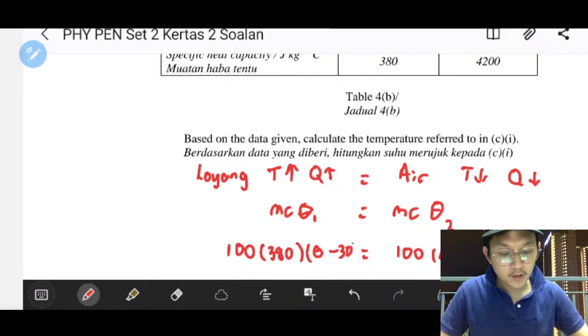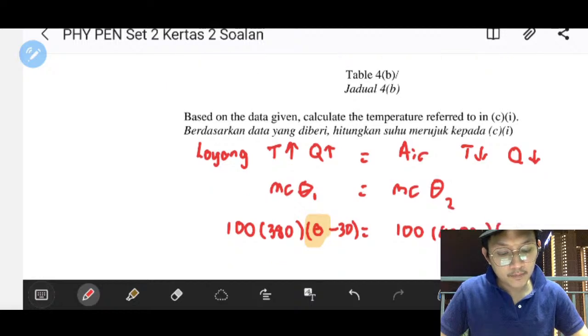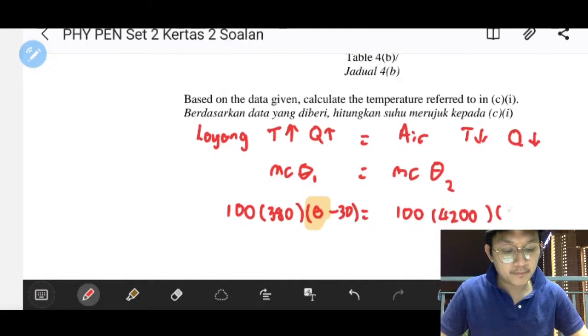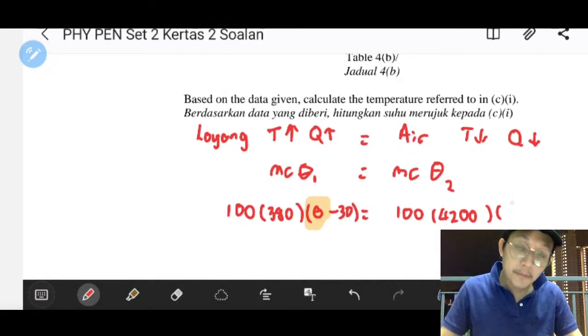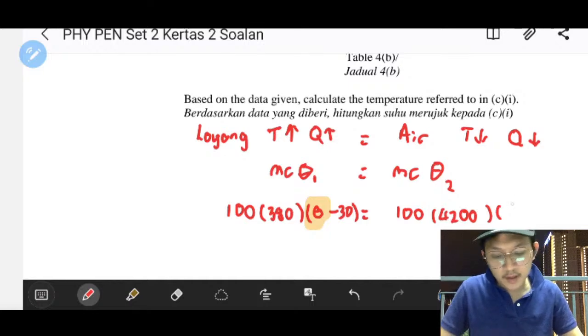Okay? And I also know dekat sini air kehilangan haba. So it is suhu awal air is 100. Okay? Tolak data. Okay? So as you can see over here, then you need to do a little bit of math.